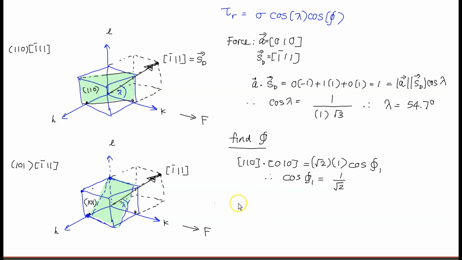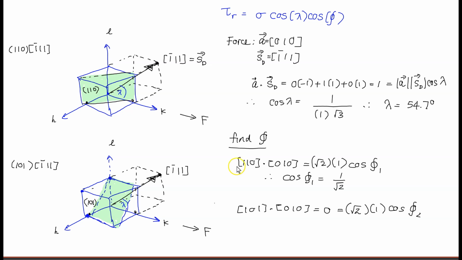Now let's look at the second case here. 101 dot that with 010, that is equal to 0. And this is equal to the size of the first vector, root 2, times the size of the second one, 1, times the cosine of phi 2.